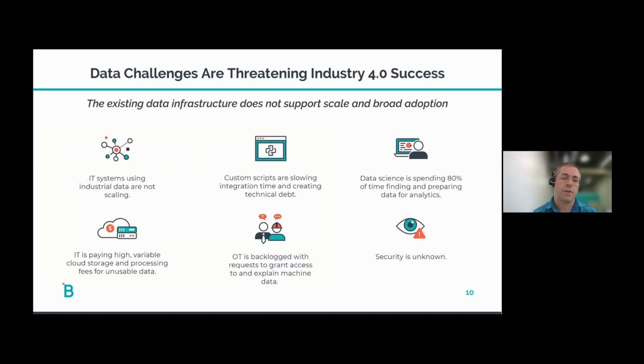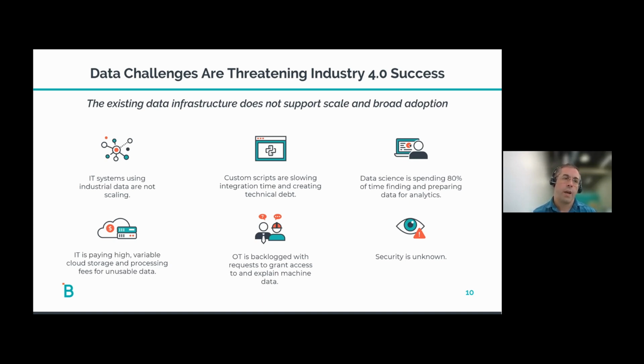With all those connections, the administrators are finding that the systems aren't scaling. It's very hard to scale, and they rapidly are just focusing on the highest value connections because it's time consuming, it's expensive, and it takes a lot to maintain. They're writing a lot of custom scripting which is slowing things down, and it's also creating technical debt.